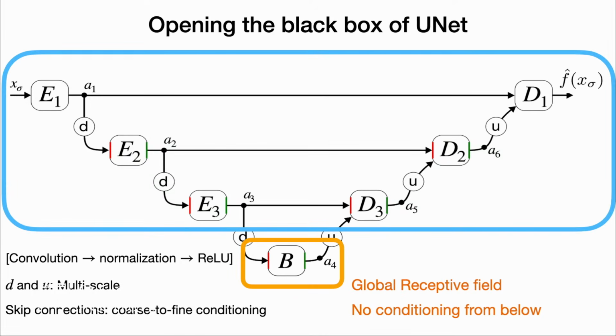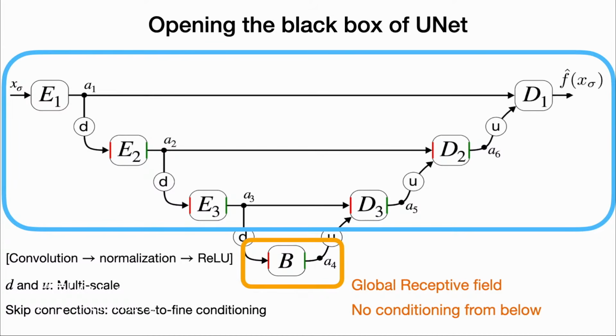All right, so what you observe here is that there are two different regimes, roughly. You have the bottleneck, where there is no coarse-to-fine conditioning happening, and then you have all the upper layers, where you have coarse-to-fine conditioning happening. The bottom block has a global receptive field, or we designed the architecture such that the bottom block sees the entire image, and that is necessary, right?